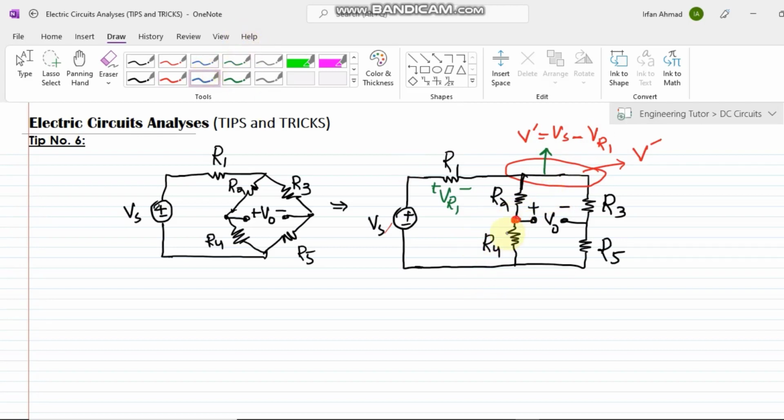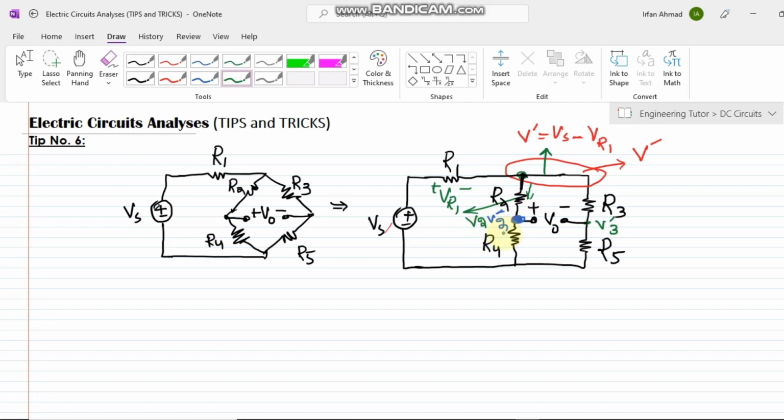Let me use the blue color here. Let me call this V2 prime, and this one V3 prime. When this voltage is here, the current will move towards this one, and the voltage consumed across the 2 ohm R2 will be V2.